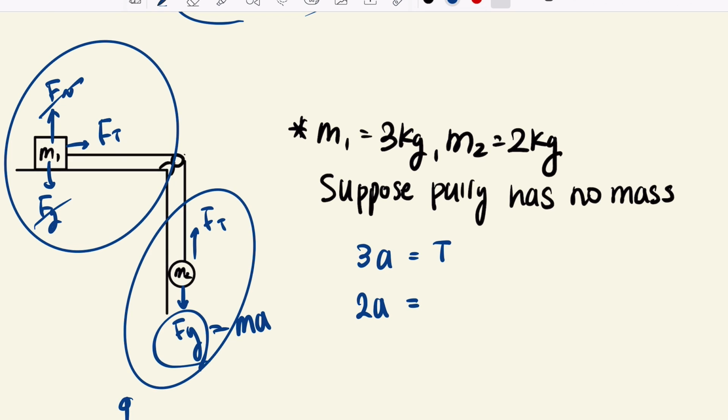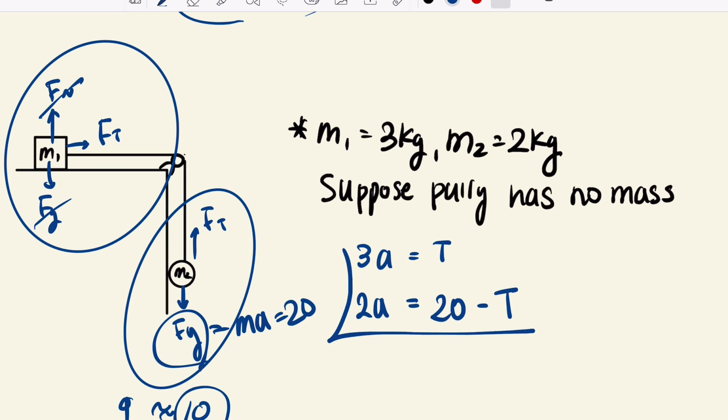We need to note that when we're calculating gravity in AP Physics 1, we can calculate it as 10 because it's precisely 9.8 something, but we round it up to 10. So this can be rounded up to 20. So 2a would be 20 minus T. So if we add these two up, we would get 5a equals 20, and therefore a would equal 4.